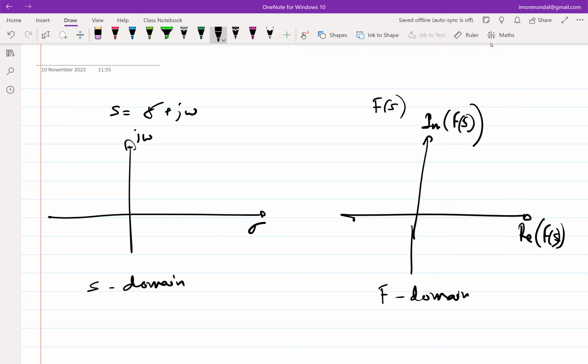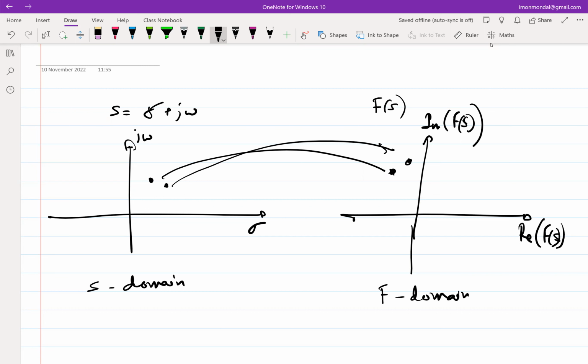If we take one single point on the S domain and find out what the corresponding F of s will be, it will probably map to one point here, right? Similarly, if I take another point here, it probably maps to another point here. So I can keep on filling the right-hand side plot by taking all possible points in the S domain, and I will get a contour.